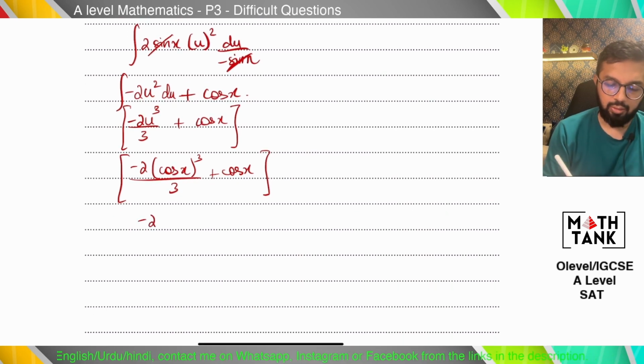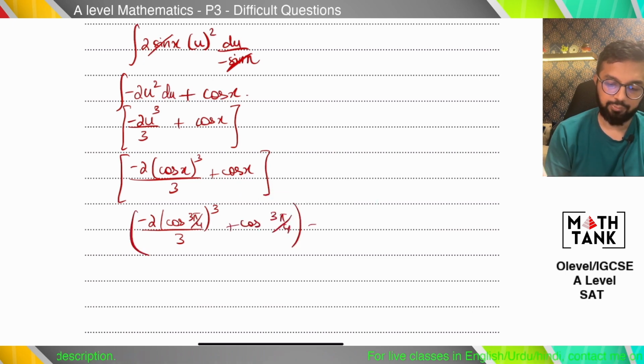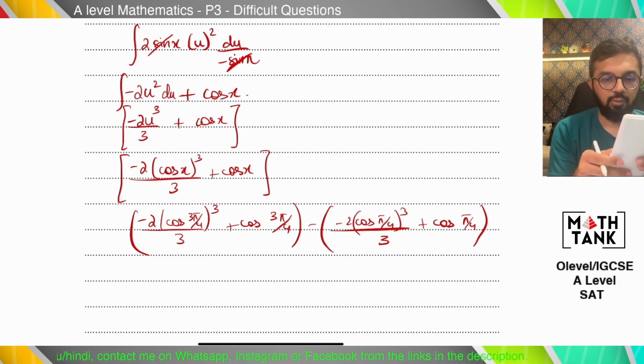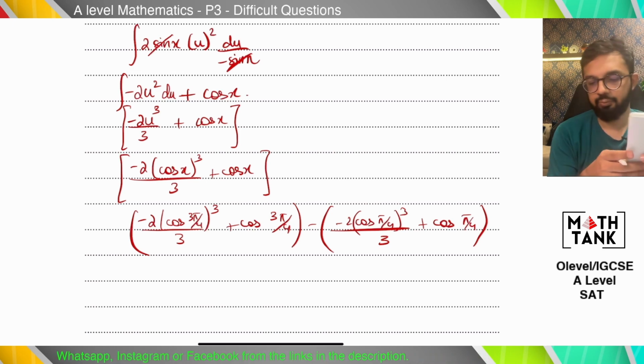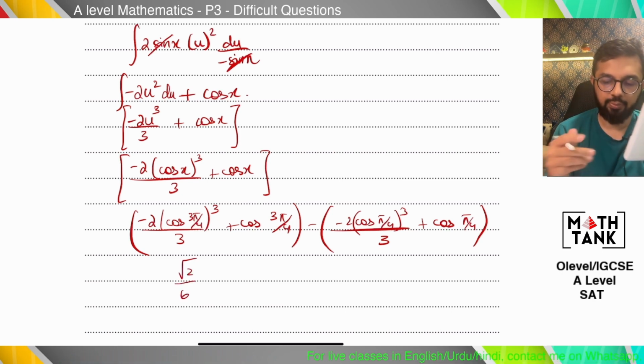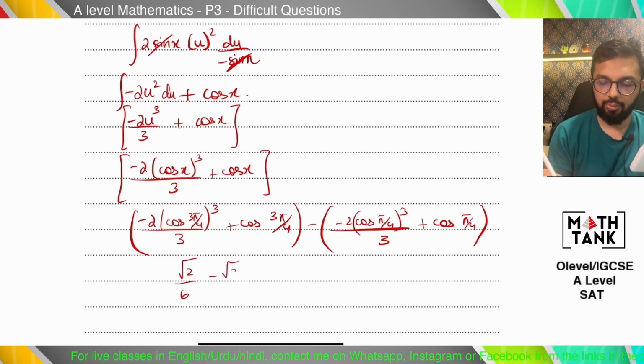Okay, cos 3 pi over 4 cubed over 3. Let's see if we get the right answer. Root 2 over 6, and this is minus root 2 over 2.